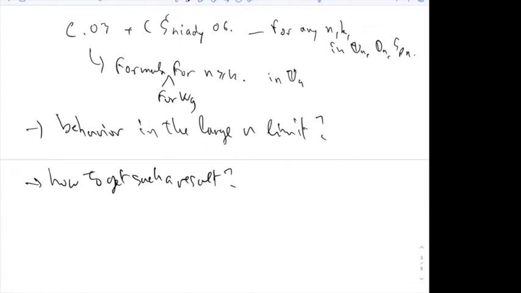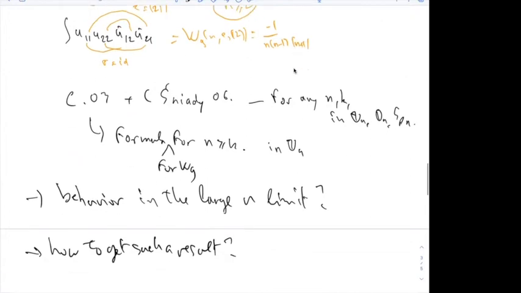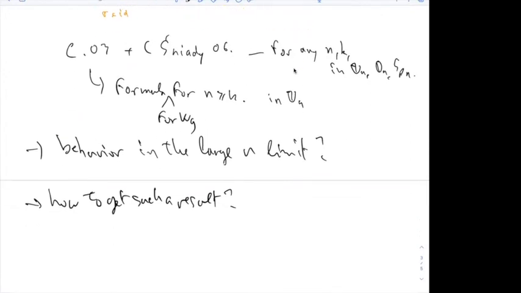So basically, what we do is we introduce U, a matrix in Mn of C, and I'm going to take a point of view of probability.